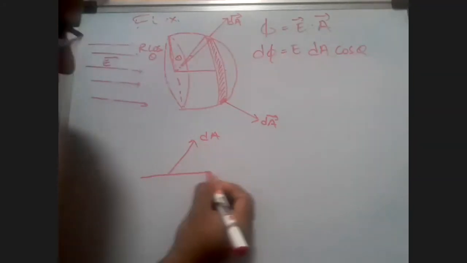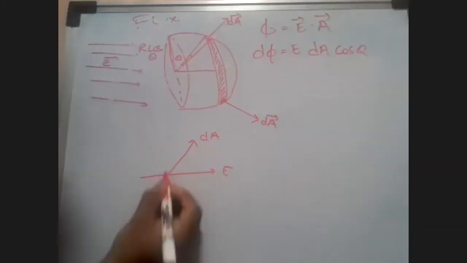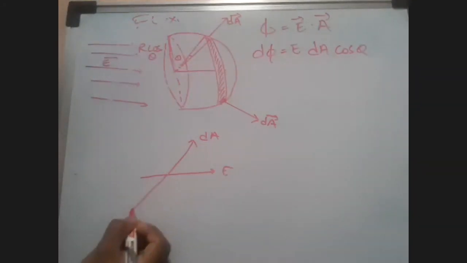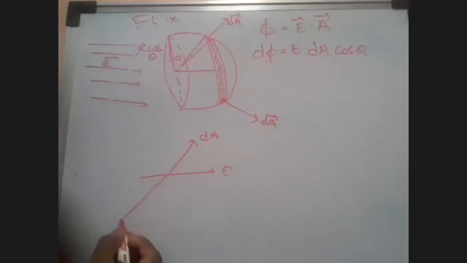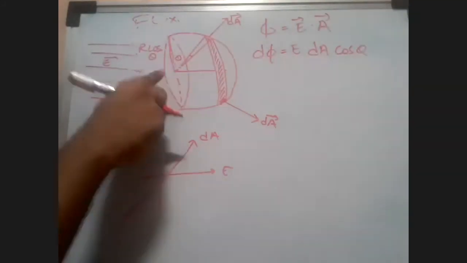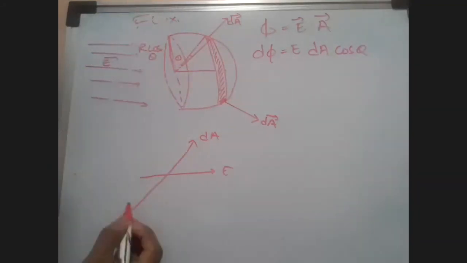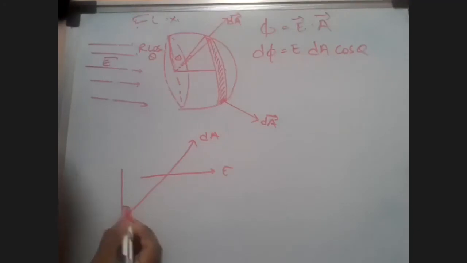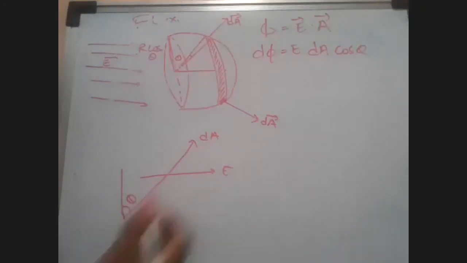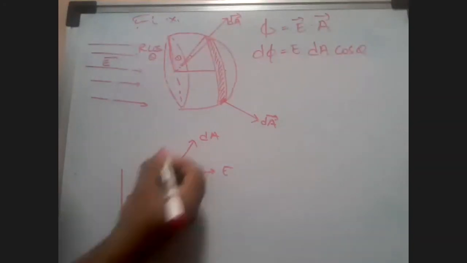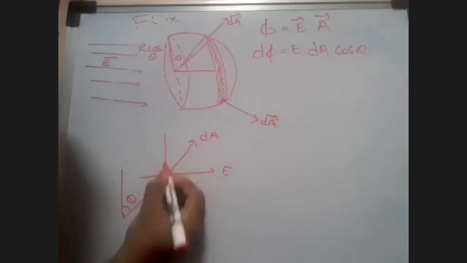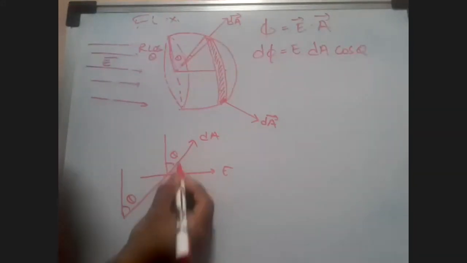Electric field lines are like this. Am I right? If I've taken theta at the y-axis, and this is going to be theta, then basically this also will become theta. So what will this become?